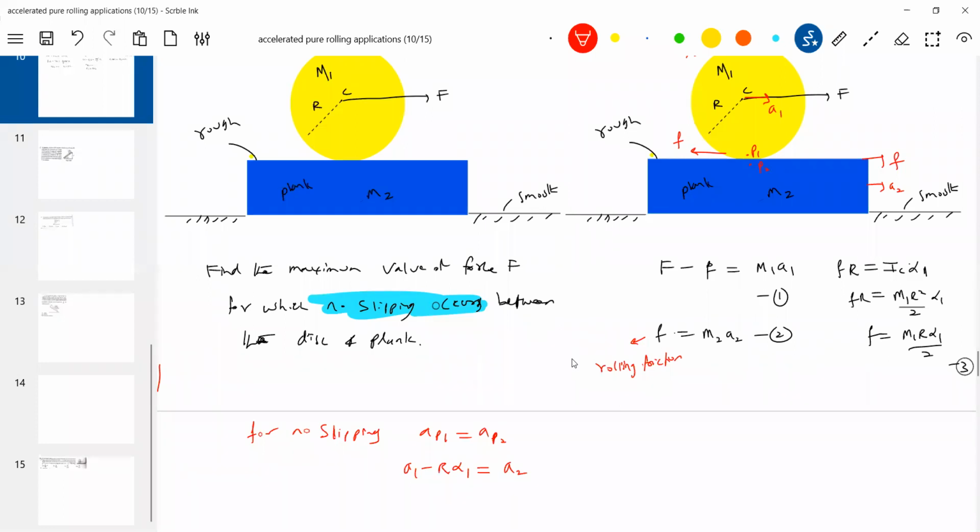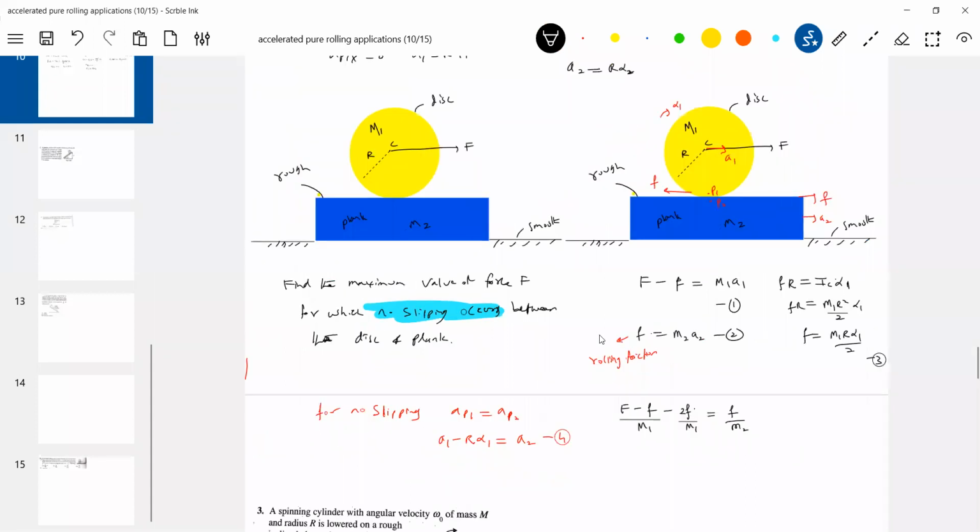Substitute equations 1, 2, 3 in 4 and you get the required answer. A1 is (F minus small f) by M1. R alpha 1 is 2f by M1. This should be equal to A2, which is f by M2. Solving this, we'll get the expression for the applied force in terms of friction.